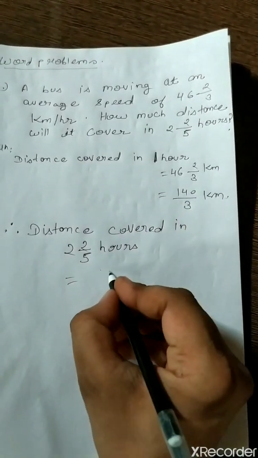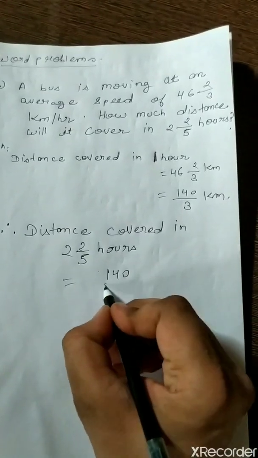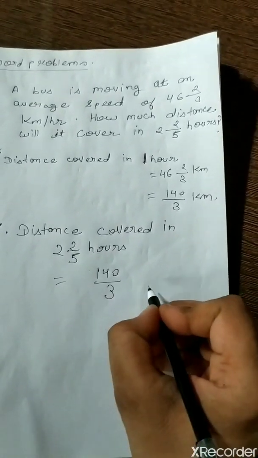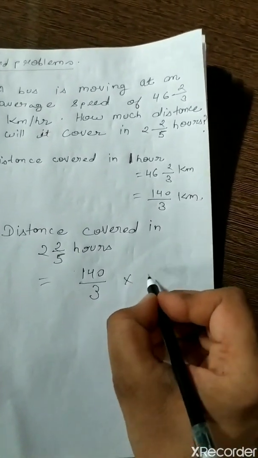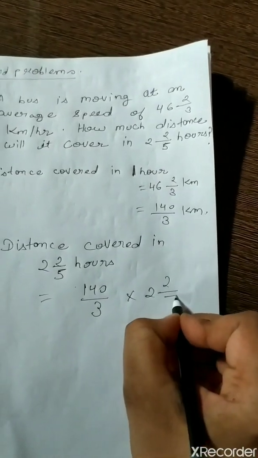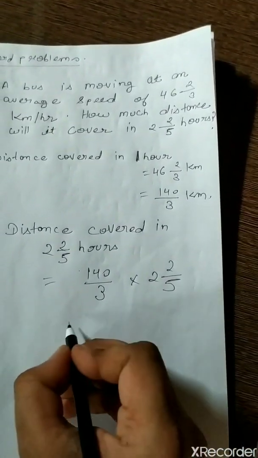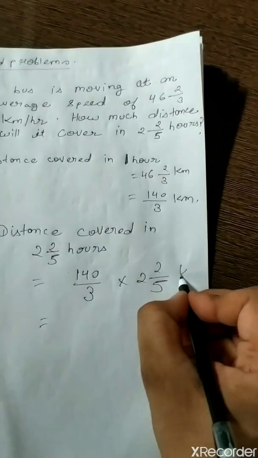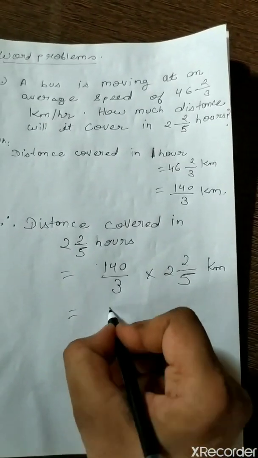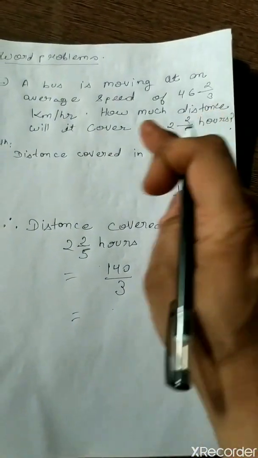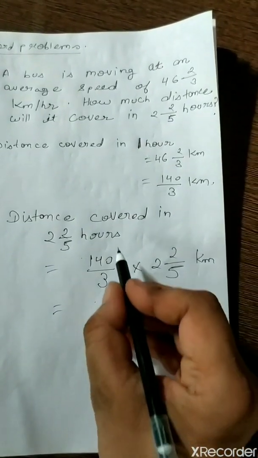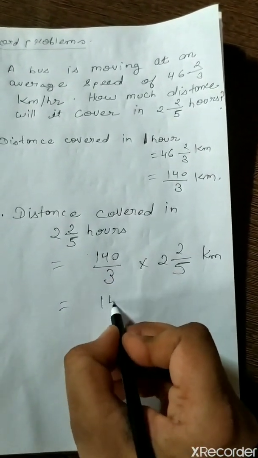So 140 by 3 into 2 whole 2 by 5 hours, this many kilometers it will come, because the unit is given in kilometer per hour and time is also in hours.